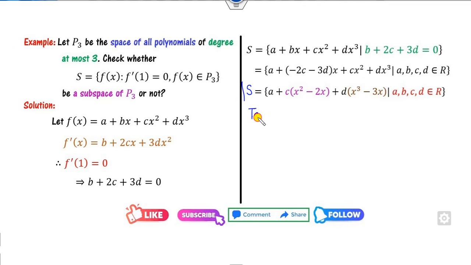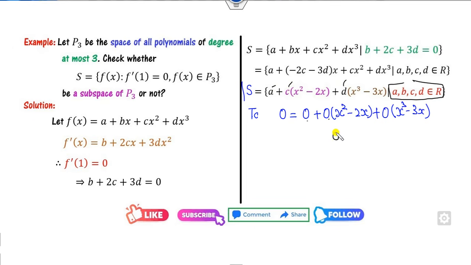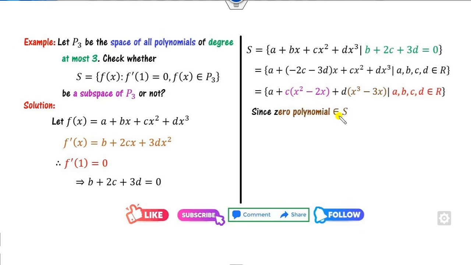So firstly, I can start from the 0 polynomial. So 0, I can write as a 0 of this plus 0 of this. Now the only requirement you need to check is that the coefficients a, c, d are real. So clearly 0 is real. So therefore the 0 polynomial belongs to the S. In this case there is no b, so there is no need to think about b.